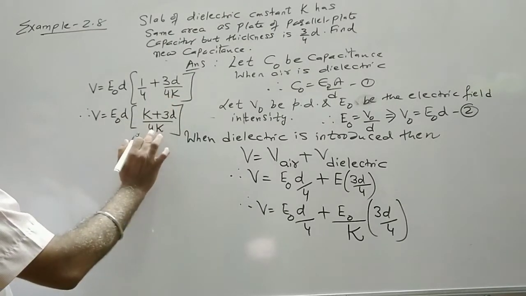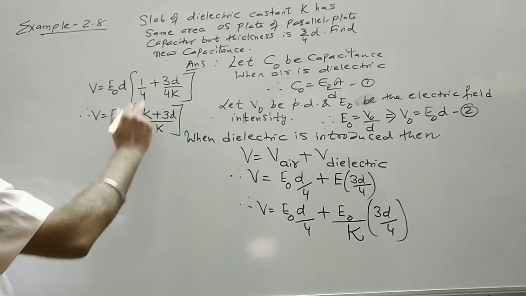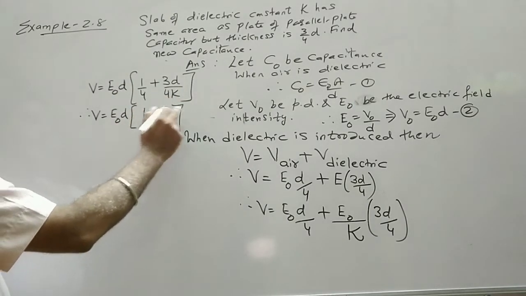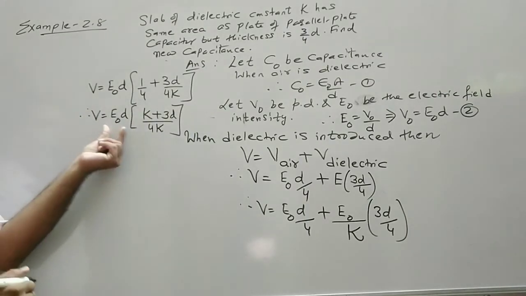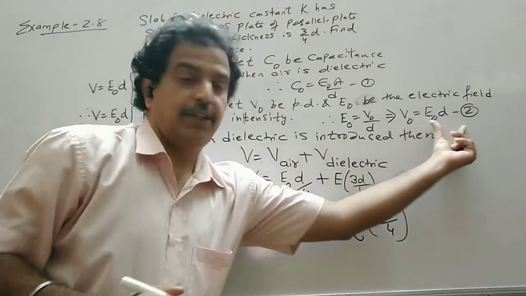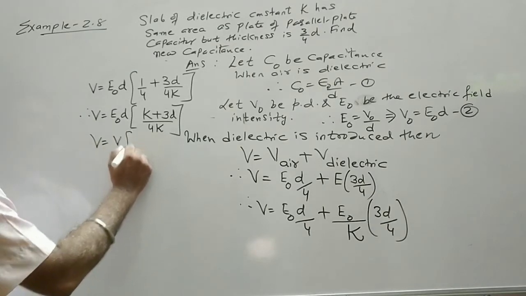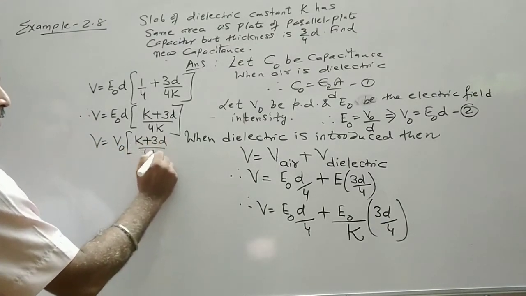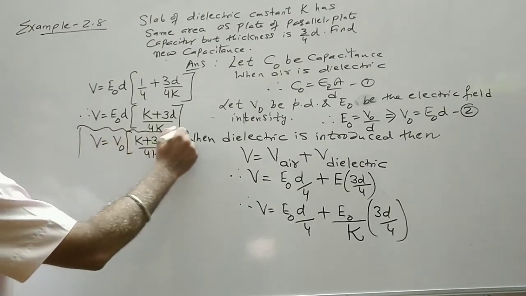So we take LCM as 4K. So it becomes K plus 3 upon 4K. So see that E naught D is our initial potential difference. So V is equal to V naught into (K plus 3) upon 4K.